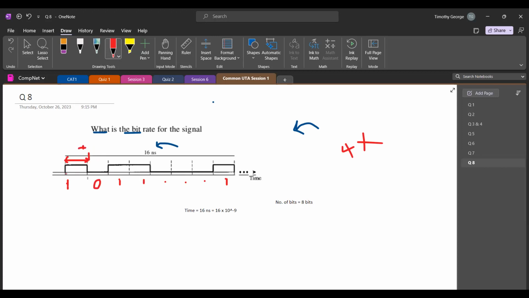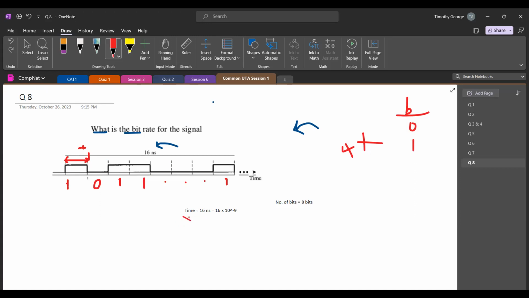In that x nanoseconds, this 1 bit output was shown. And bits are either 1 or 0, right? That is how we're able to get this signal. So very quickly now the problem is actually solved.